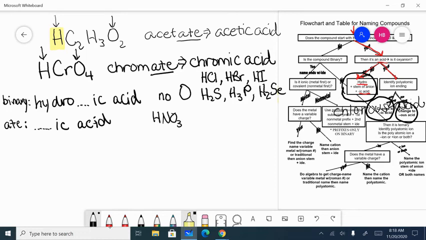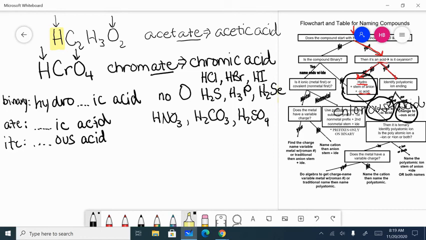This is nitric acid, carbonic acid, so on and so forth. Sulfuric acid. Those are examples. Notice that they start with H+, but I don't use the word hydro. And then we have the ITE polyatomic ions. Those are going to be changed to OUS acids.